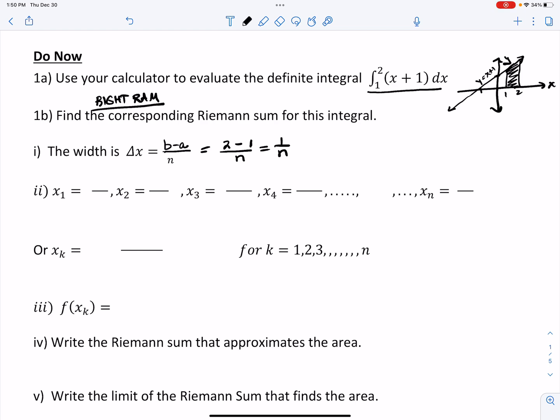And to get the actual subdivisions, we would start with 1 and add 1 over n. So that would be 1 plus 1 over n. Let me just write that down.